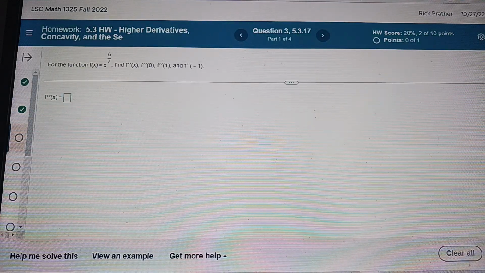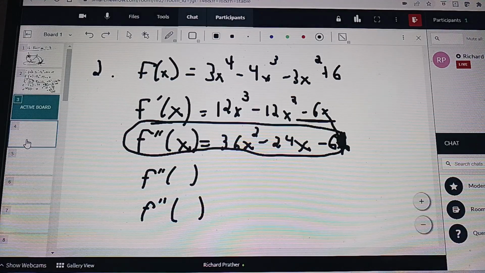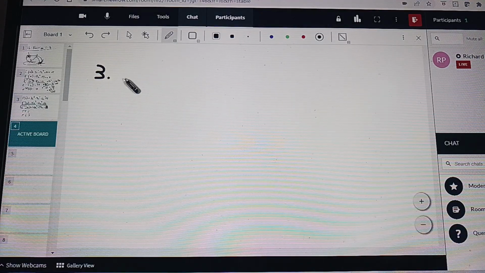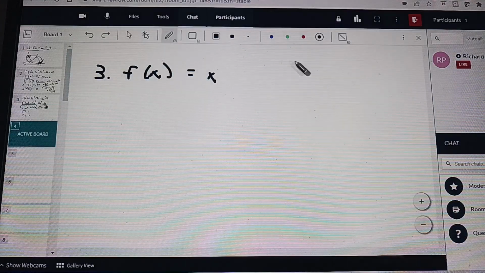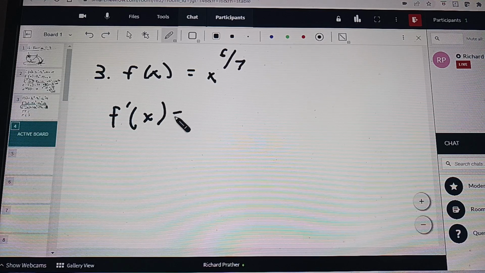Okay, what if you get a fractional exponent in number 3? X to the 6/7. First derivative would be 6/7 x to the 6/7 minus 1, but that could be 6/7 minus 7/7, which is negative 1/7.